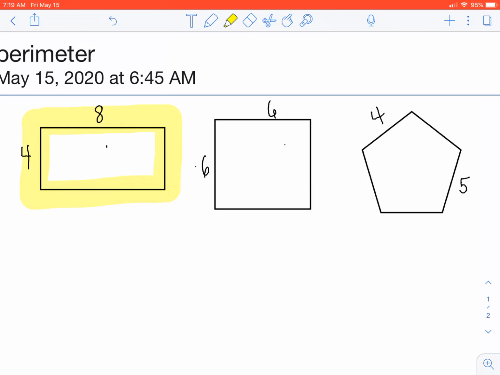And you would add up the distance of the sides of your yard, all of the sides. More than likely, your yard would be a rectangle shape or a square shape, but it could be a pentagon shape, right? Okay, so you would add up the sides. And then you would know the distance around your yard.